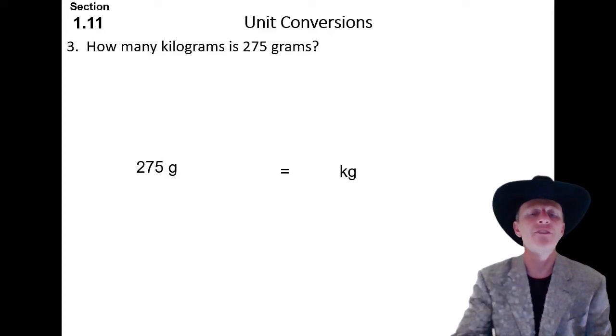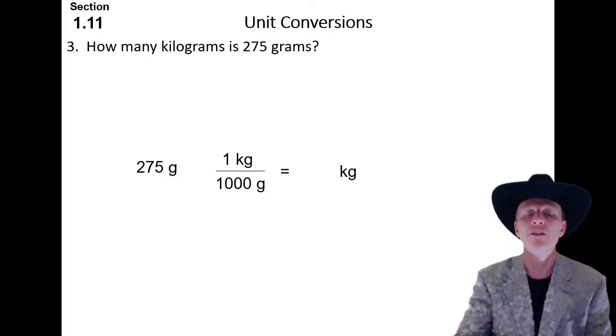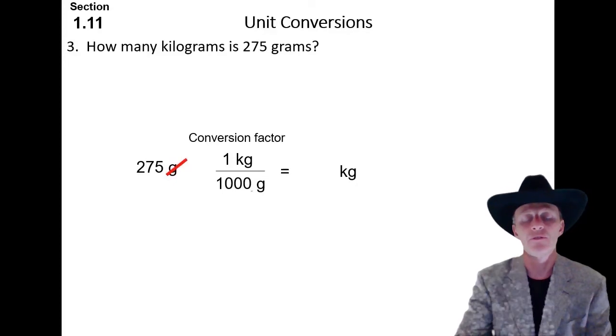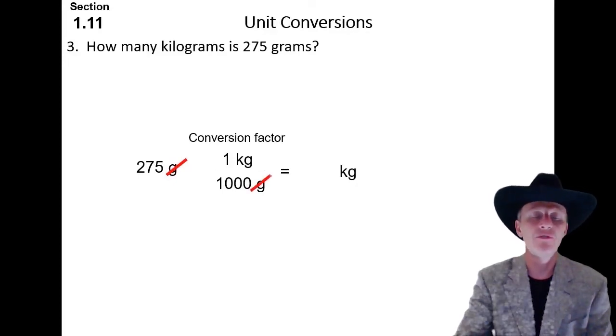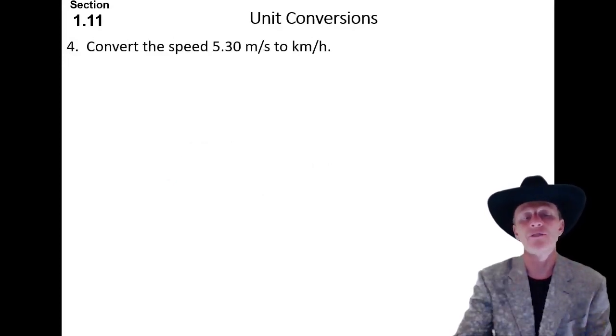So you got 1,000 grams is equal to a kg. 1 kg is 1,000 grams. So that's our conversion factor. And we want the grams on the bottom so that it cross cancels. So just like that, you take the 275 divided by 1,000 because it's on the bottom, and that gives us 0.275.